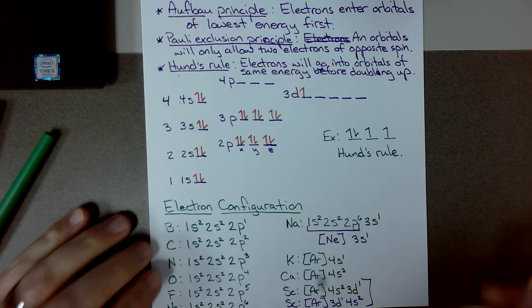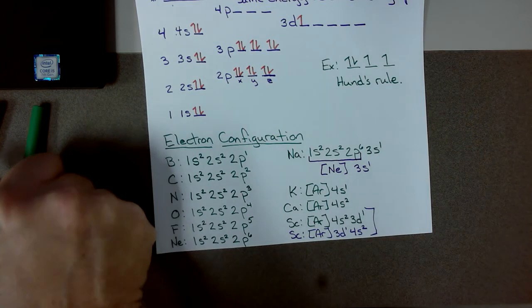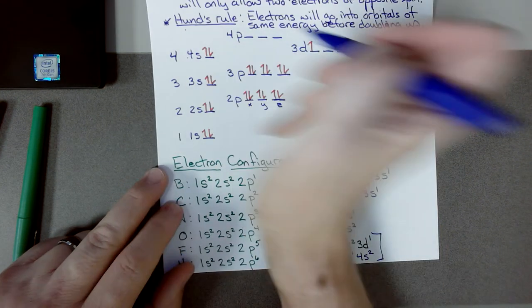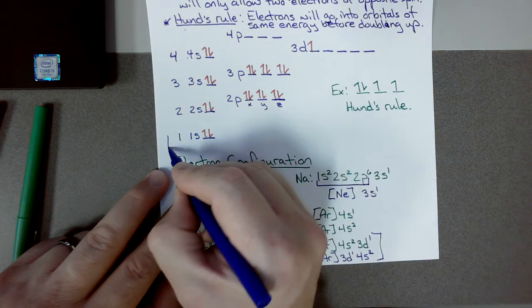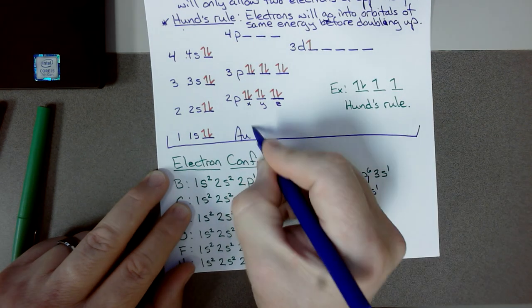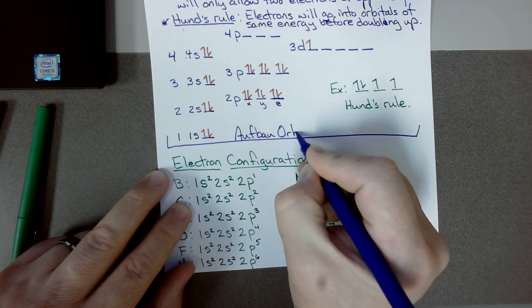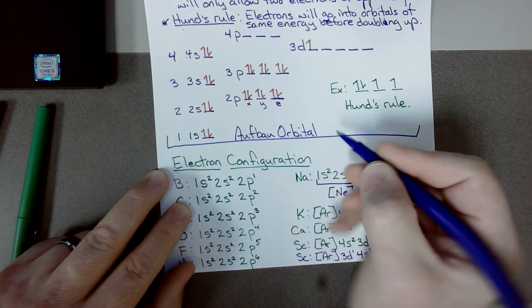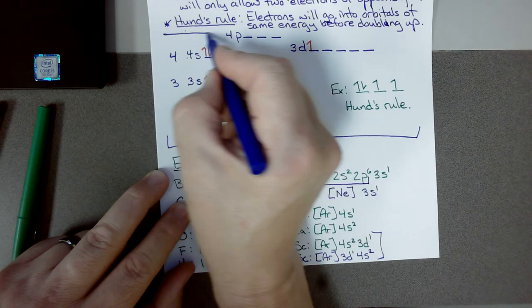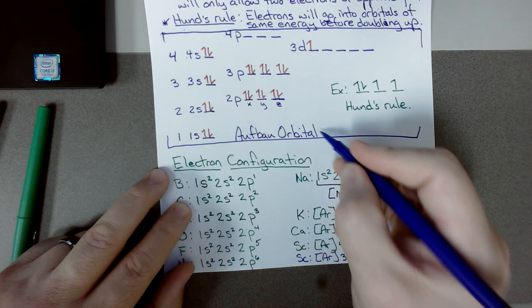And so we see here an Aufbau orbital diagram. Getting kind of messy, but I'll try to clean this up later.